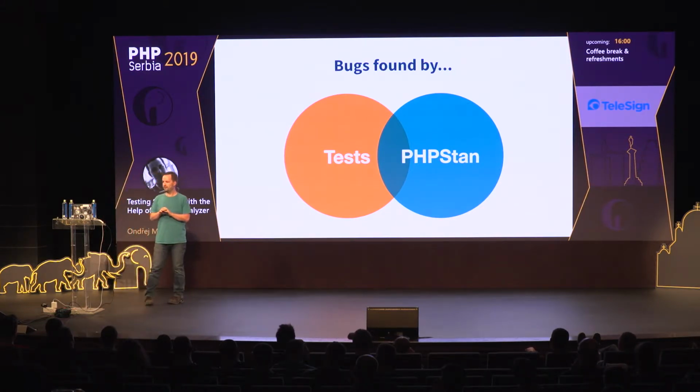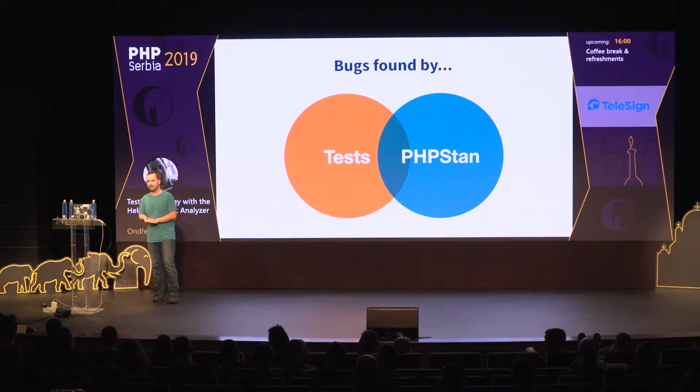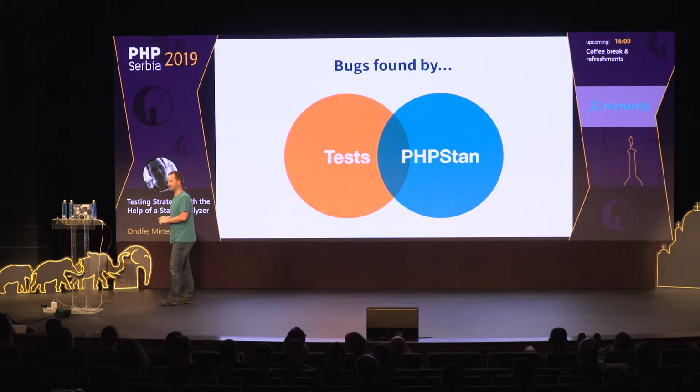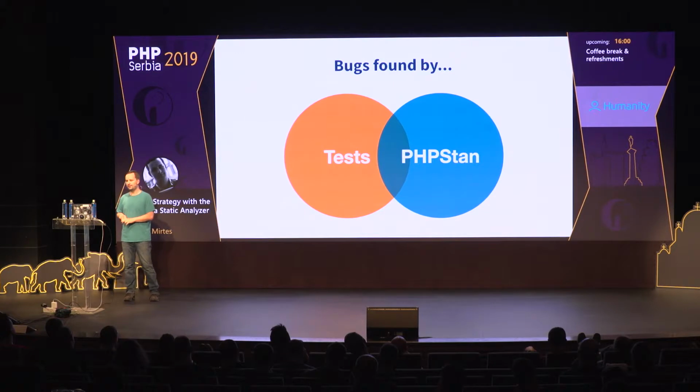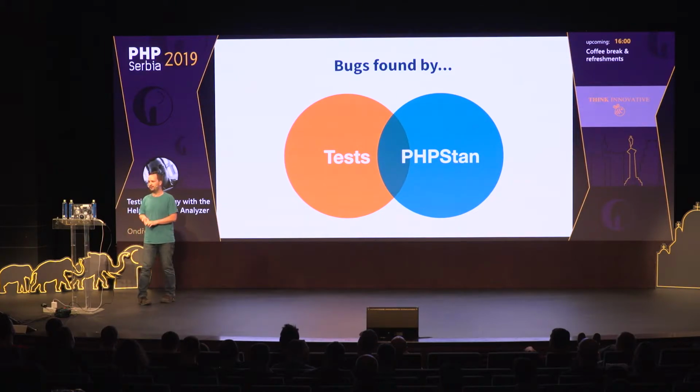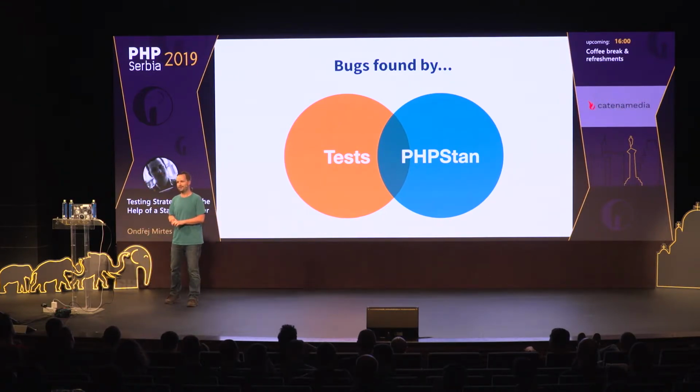So why should we test for things that can be found by static analysis? Because there's some duplicate effort, and we could probably save some really expensive developers' time doing that. And also, tests have to be written, they have to be maintained, and sometimes writing tests is boring, so probably no one likes writing tests for getters and setters.